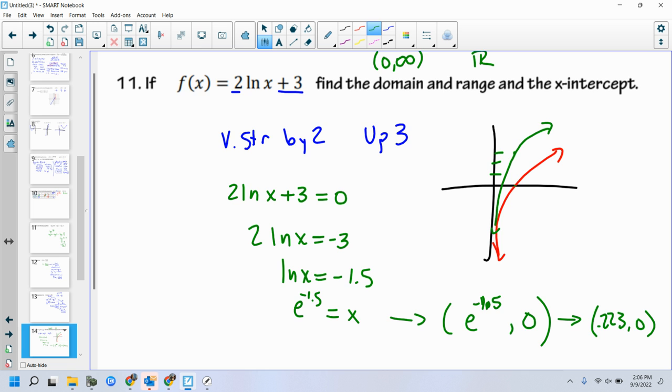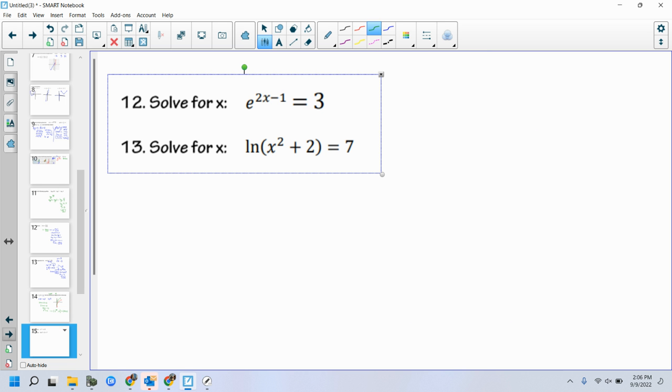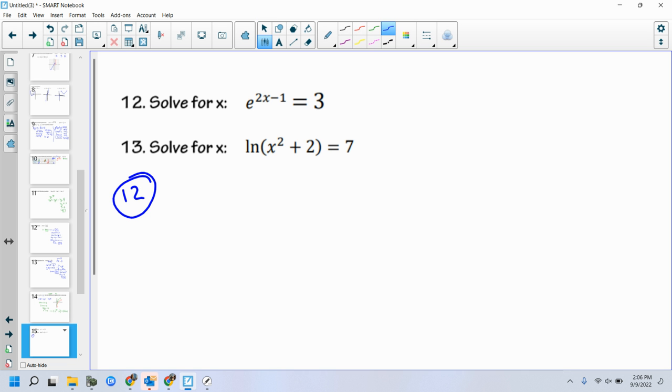All right, so looking at 12. I got 12 and 13 on this one. Okay, 12. Solve e to the 2x minus 1 equals 3. Since it's in exponential, I'm going to put it in logarithmic. Log base e, or ln, of 3 is 2x minus 1. Now, easy enough.